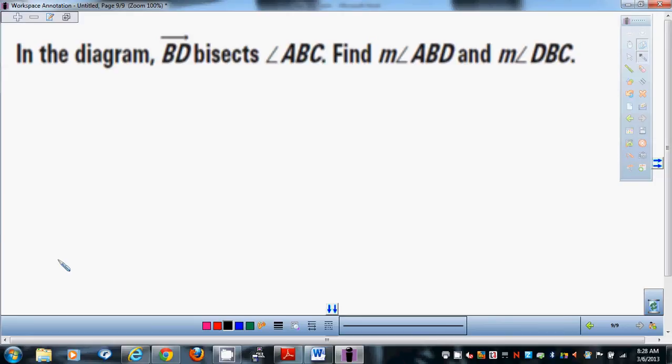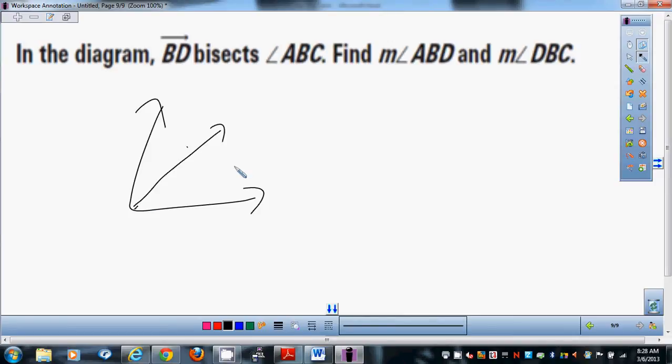Okay, here we go. In the diagram, ray BD bisects angle ABC. Find the measure of those two angles. Like this? Oh, wow, that's not in the middle at all, is it? Now, Elijah, what is the key word in the directions?